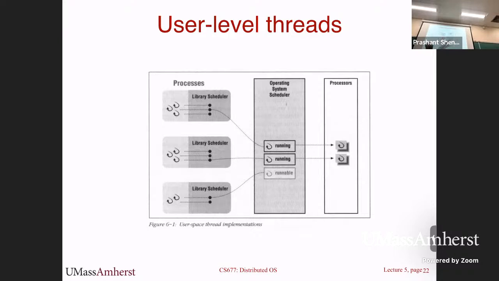So it's 2-level scheduling. The OS runs the process, and the library scheduler decides which thread within that process to run. Here is another process that's running, and that scheduler decides which of these 2 execute. Now there will never be a case where this process is assigned 2 cores because it's seen as a single threaded process, even though it has multiple threads within it.